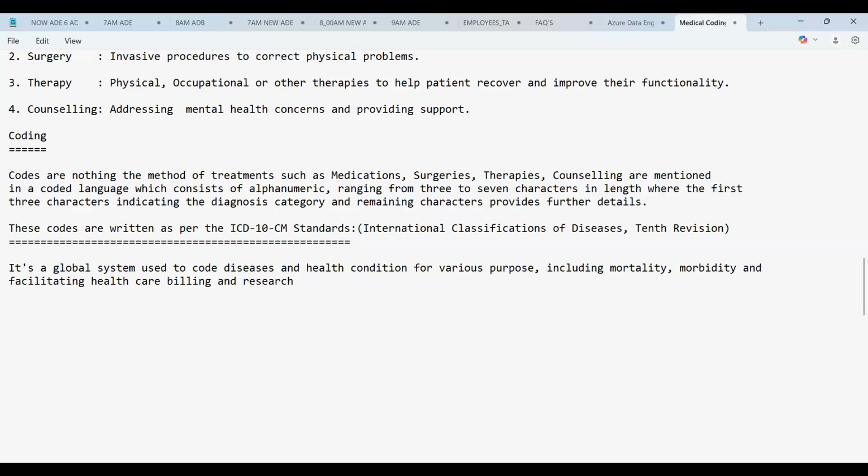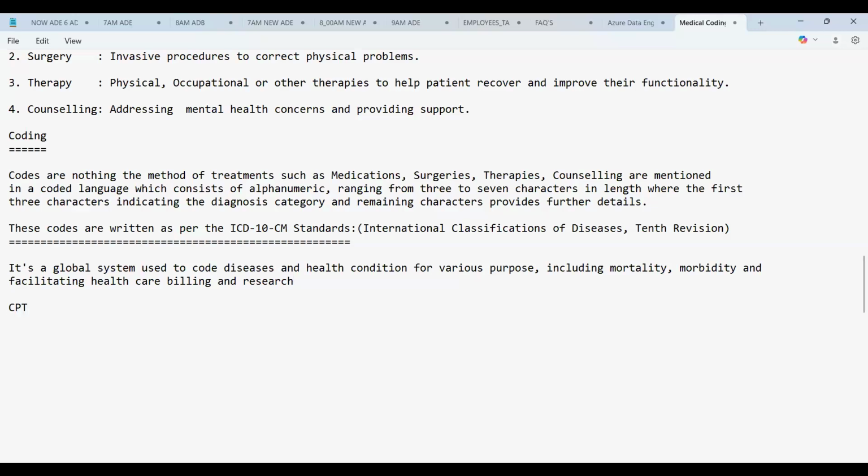Apart from ICD-10-CM, what are the other standards we have, guys? The second standard is called CPT.